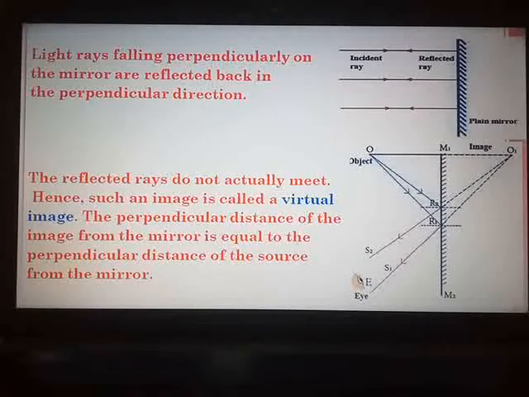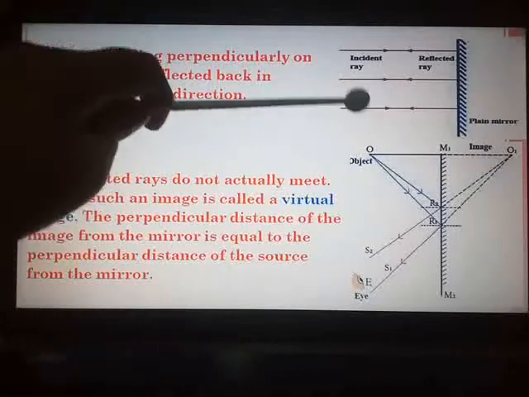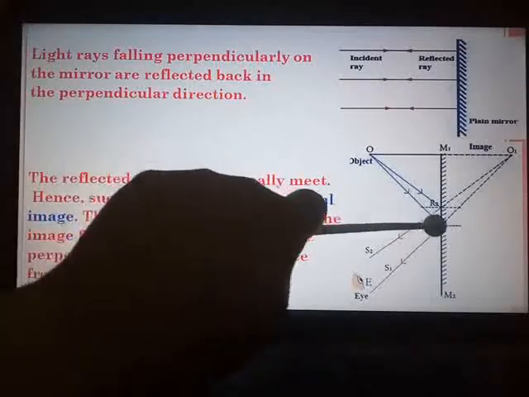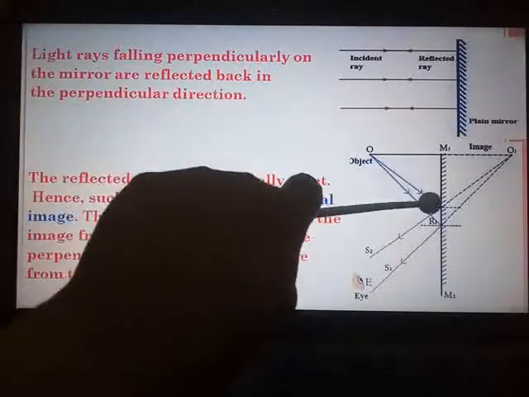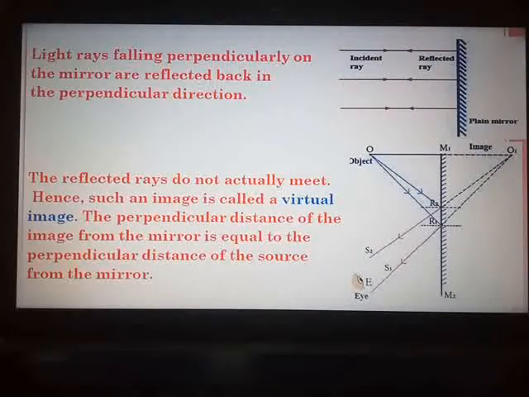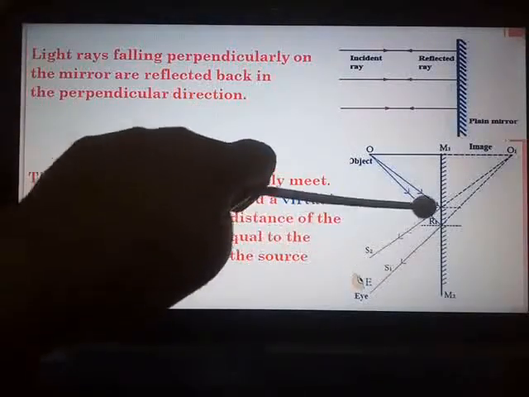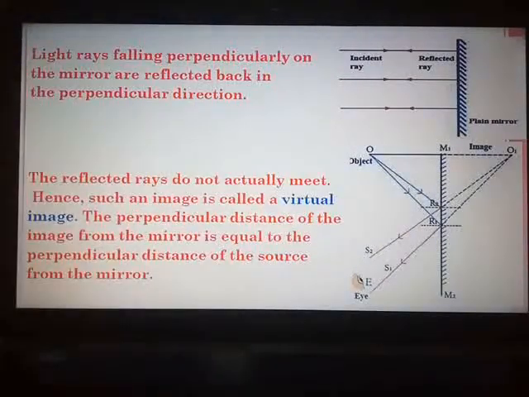You have studied about the laws of reflection. These are the incident rays, incident on the plane mirror from the point source O. According to the laws of reflection, they get reflected along the paths R1S1 and R2S2. These are the two paths of reflection.